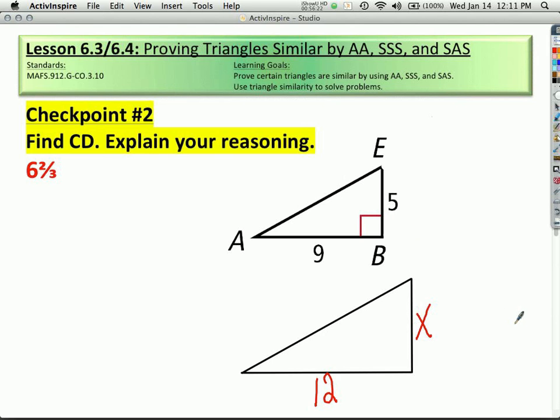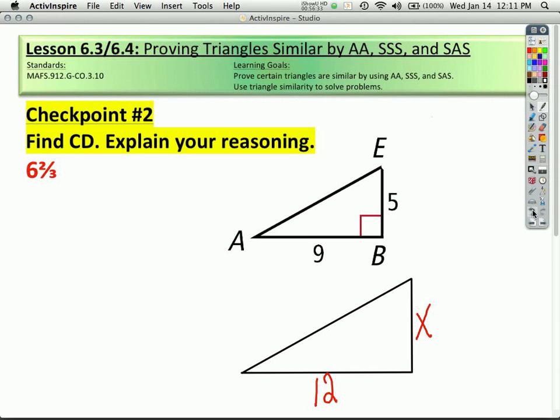Now if I gave it to you like that, would you have any problems? First you have to demonstrate that they are similar. So let's back up. Can you demonstrate that they're similar? I think most of you assumed that they were similar, but you didn't spend the time to prove it.